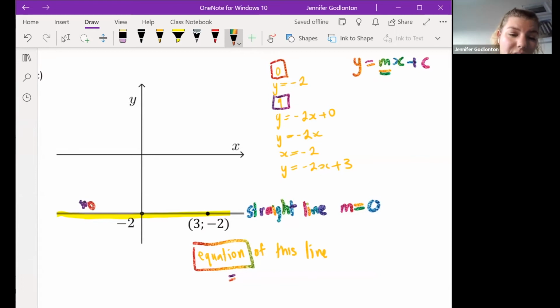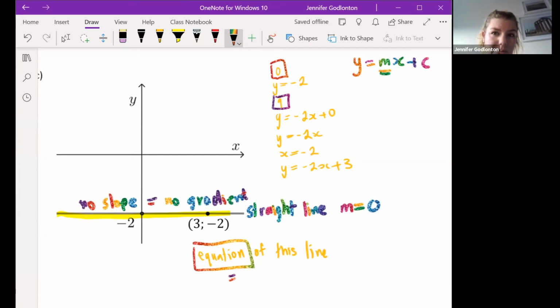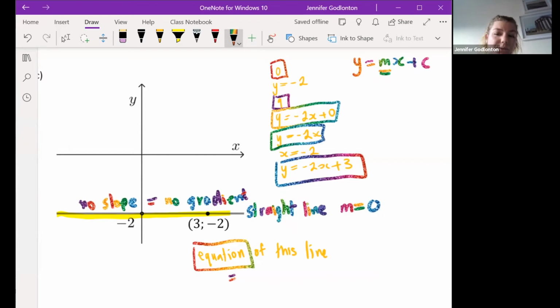So no slope means no gradient, and no gradient means m is equal to 0. Because of that, this one over here can't be right. This one can't be right because it's also giving us an m, and this one can't be right because it's also giving us an m. So none of those can be right so far. Then we're left with this one over here and this one over here.